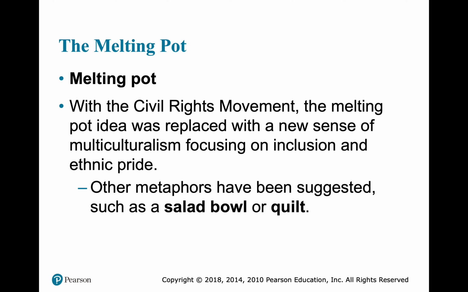So the idea was bringing all of these differences together into a melting pot to create a new kind of inclusive culture that everyone adheres to, if that makes sense. The idea was that it's okay to be different as long as one accepts the mainstream values. So that mainstream value would be the one that everyone came together to kind of form as one, the American culture.